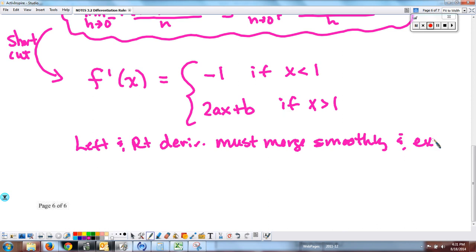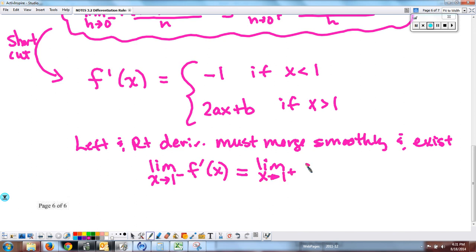That basically means the limit as x approaches 1 from the left of this derivative function has to be the same as the limit as x approaches 1 from the right of this derivative. Okay? So that's the merge smoothly part.